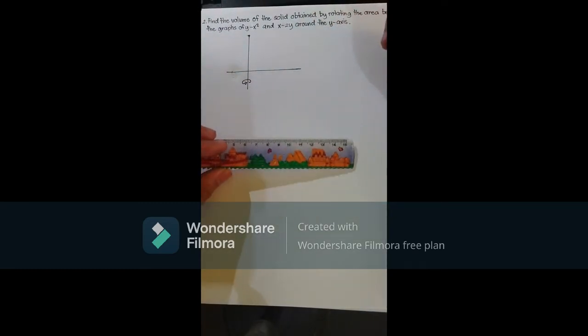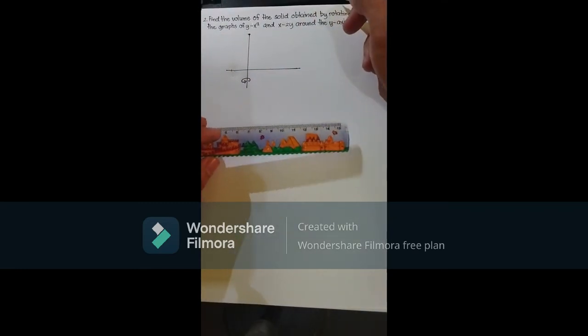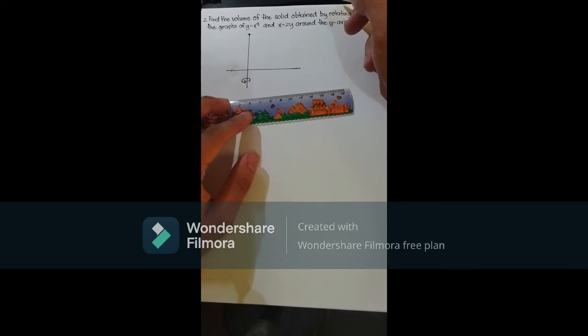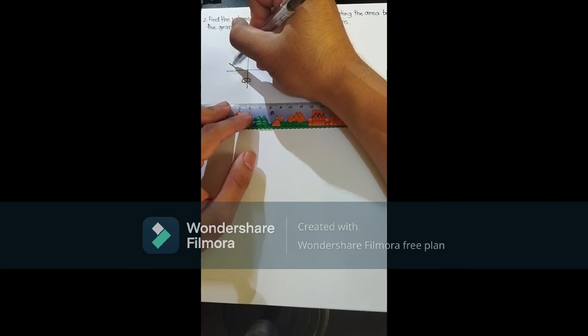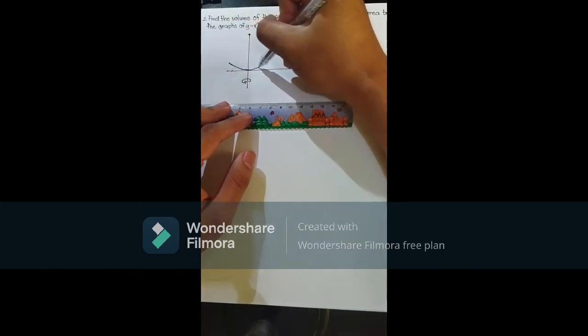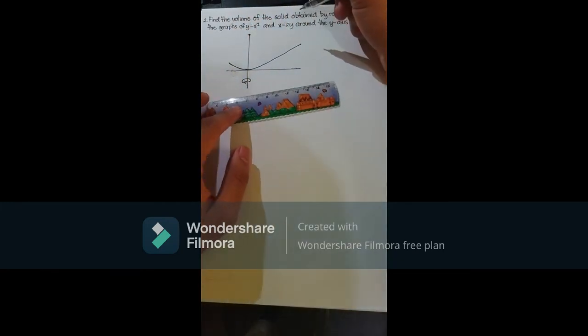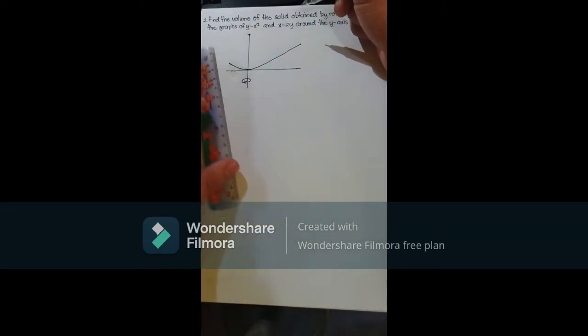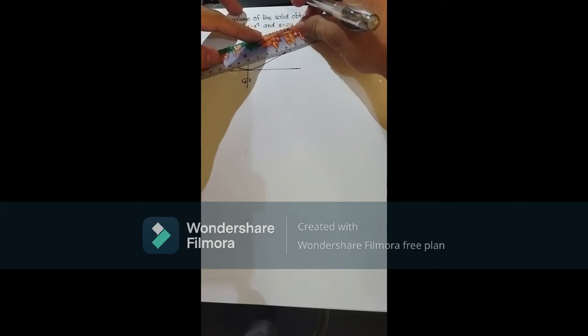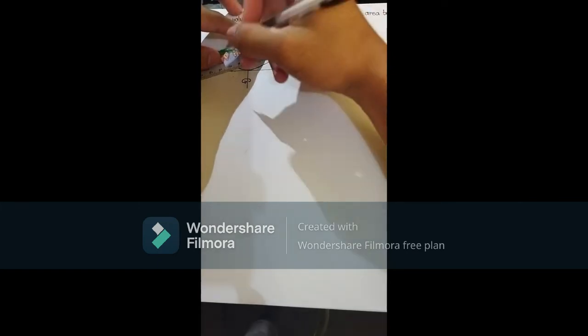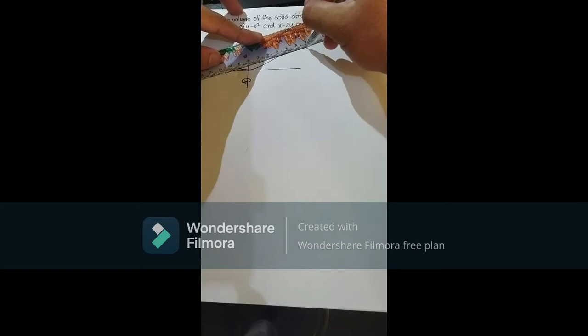The graph of y equals x squared is just like this one, and the graph of x equals 2y is this one.